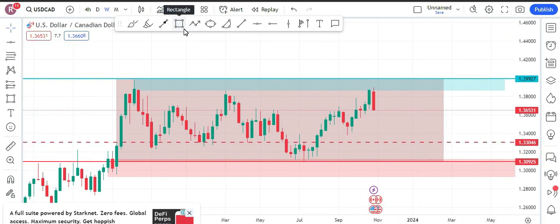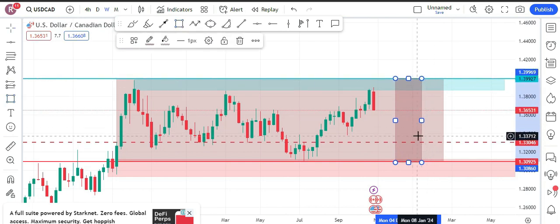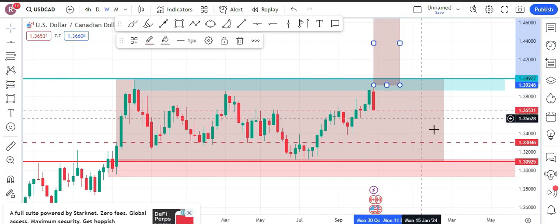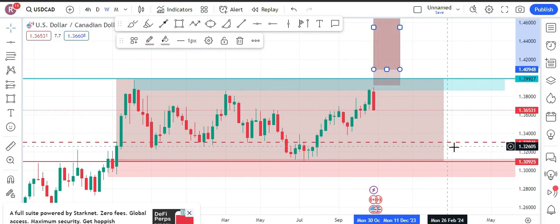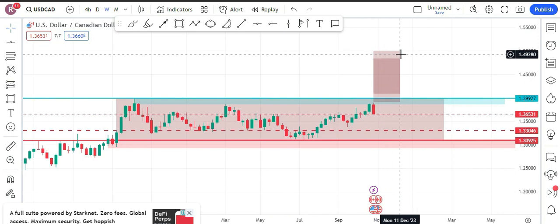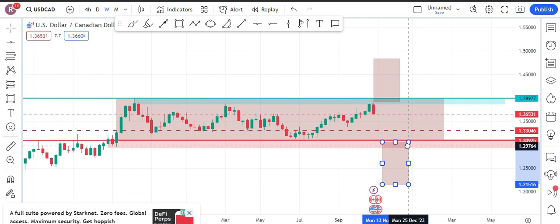So, if it breaks out, what will happen? In week we are trying to measure. Then it will move off to this, and if it breaks downward, the market will move from here to here.